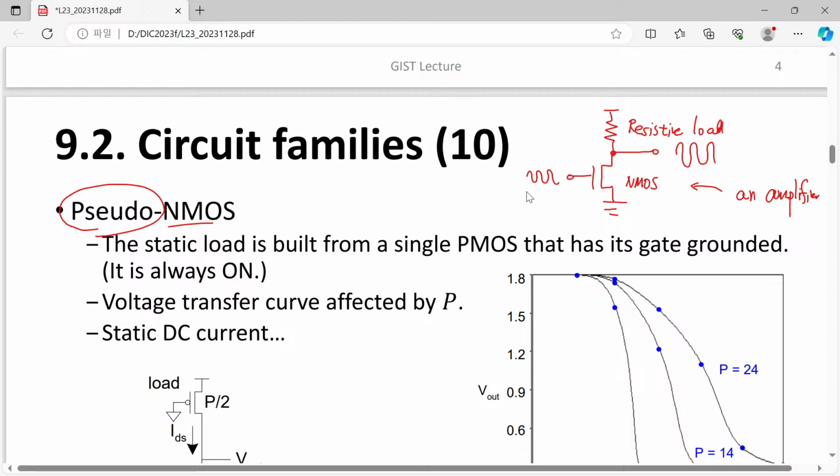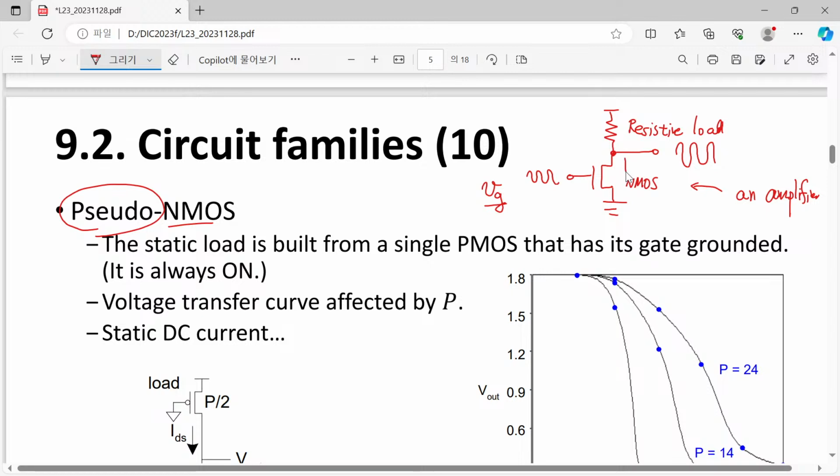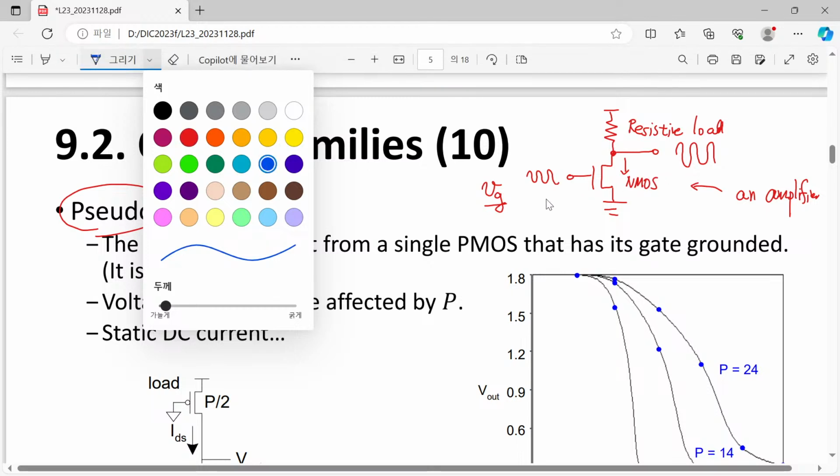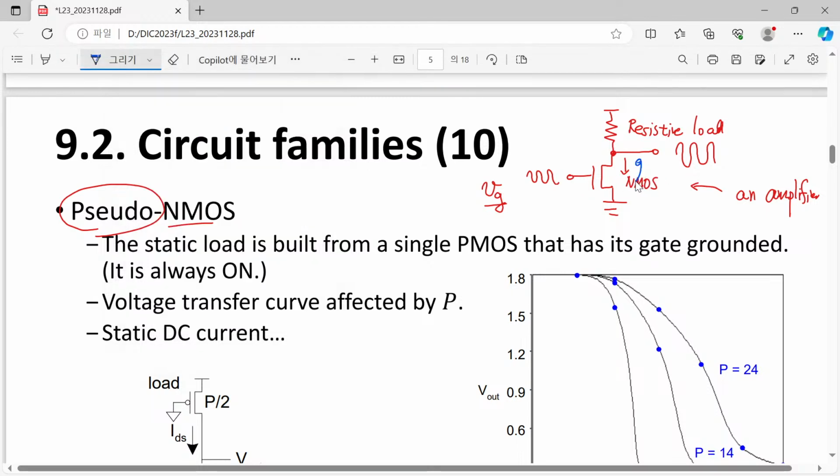You know that a small signal change in your gate voltage is mapped onto a small change of your drain current.